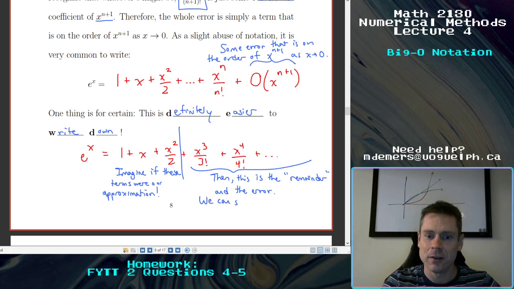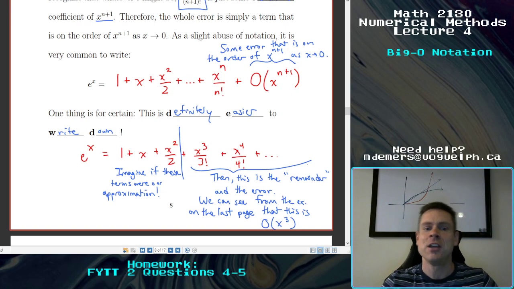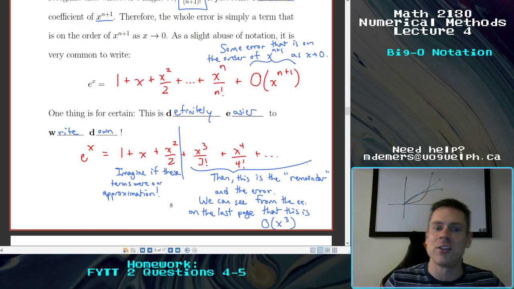We can see from the example on the last page that this is big O of x cubed. And that agrees with what we just said above. So you can kind of look at this both ways, but I want you to really understand that, okay?